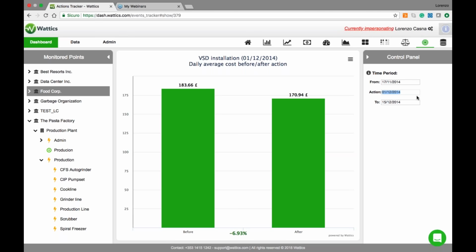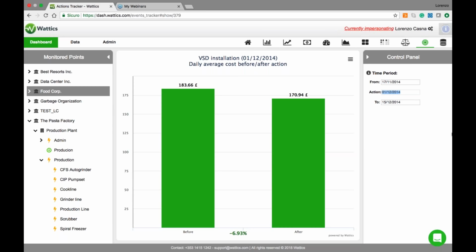And it calculates the daily average cost related to energy, of course, for that site, in this case for the whole organization, between the two periods. So here is the daily average cost from the 17th of November 2014 to the 1st of December 2014, and this is the daily average cost from the 1st of December to the 15th of December 2014.